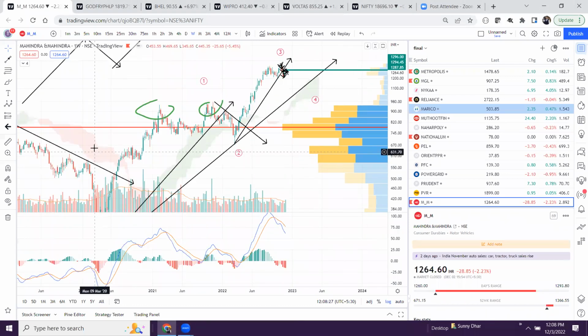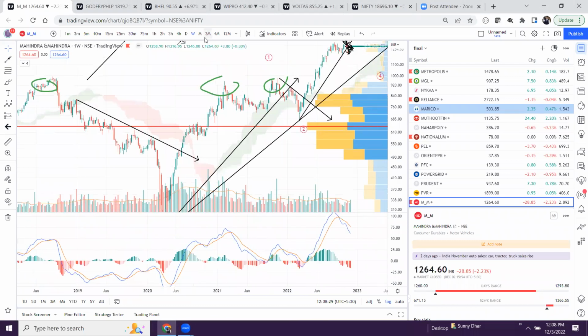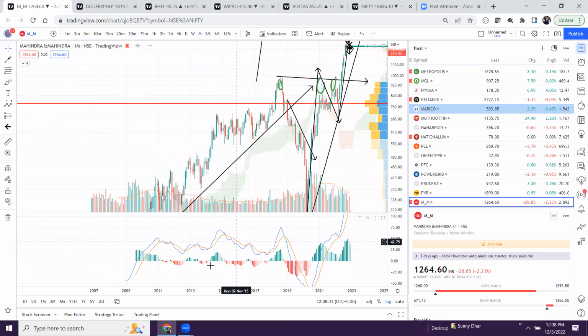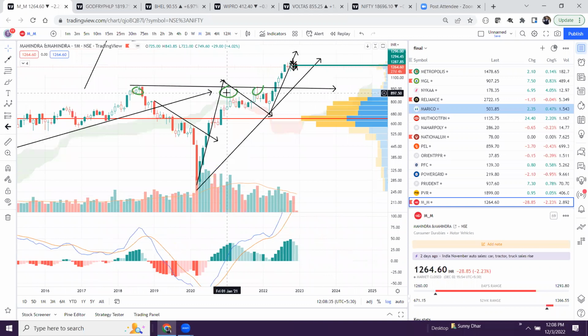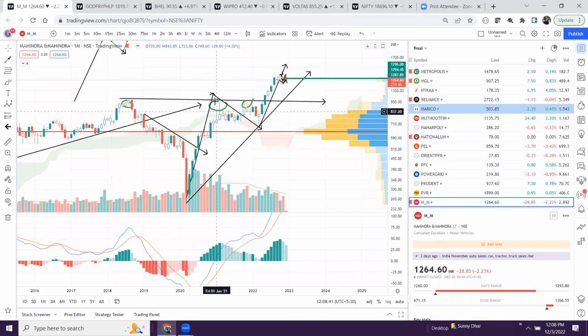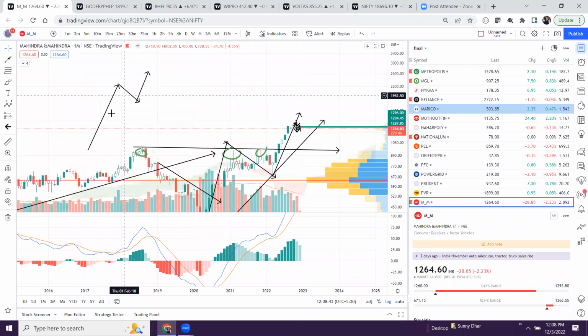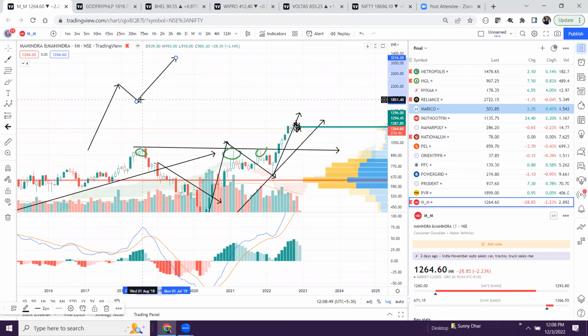So now you understood that the fear which we had at this point, let me again go to the monthly chart, whether we can invest in this stock or not, how this fear is reduced. Because after this impulsive move, if there is a correction happening, we always know that again one impulsive move can come.